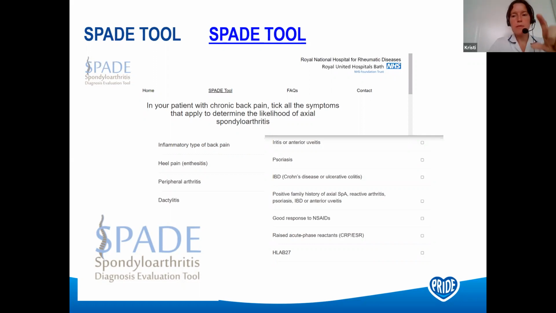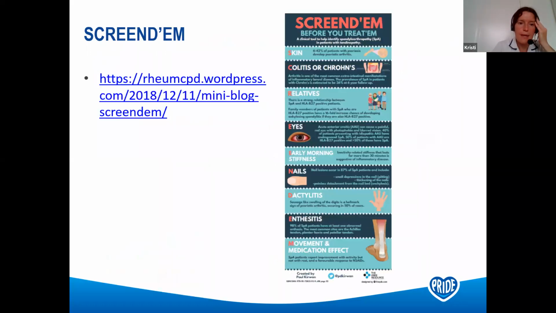Whereas this tool builds up a picture: unlikely, additional tests necessary, or definitive, really likely to have inflammatory back pain. So it helps you build this index of suspicion and decide whether or not to refer these patients over to rheumatology.